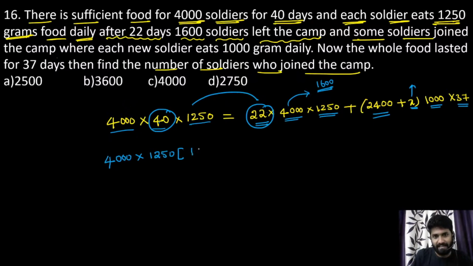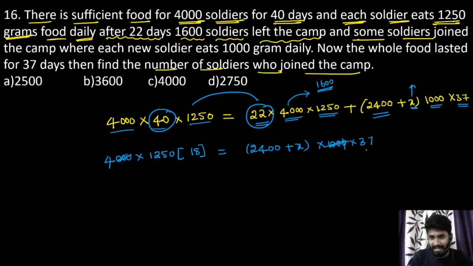In this way, go with the calculation: equals 2400 plus x, multiplied with 1000 into 37. You just cancel first of all. We have 3 zeros entirely cancel. Clear? Now what value are we left with? 1240 into 18 divided by 37.